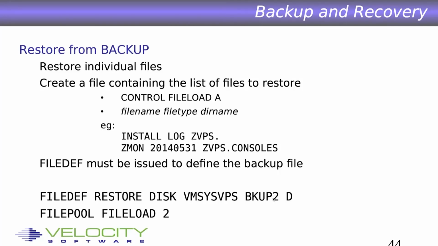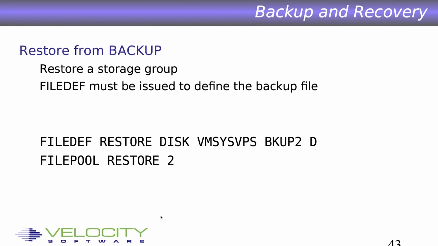To do the file restore, we issue the command file pool file load to. So in this case, it's going to find this file and look for these files in these directories on the backup and restore them into the original, in this case, the original storage group 2.